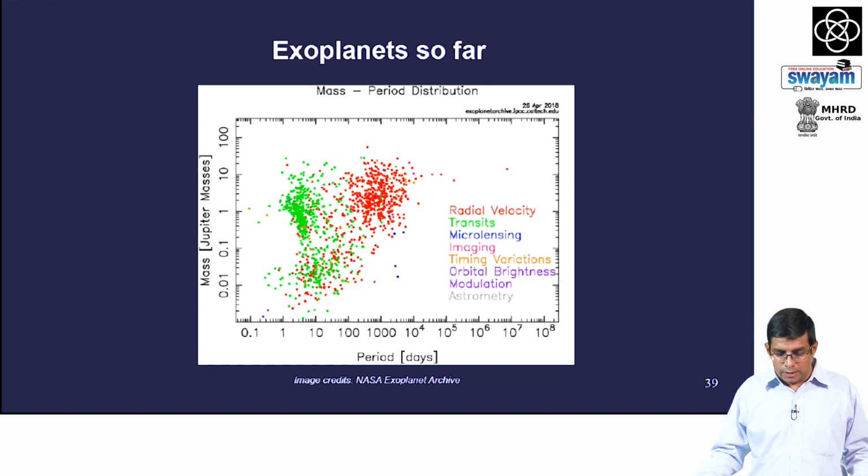Clearly, the radial velocity method, these red points, is more biased towards heavier masses, whereas the transit method can detect planets with smaller mass as well as closer to the star.